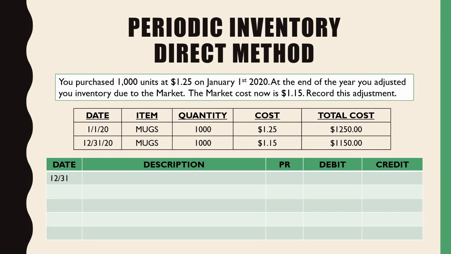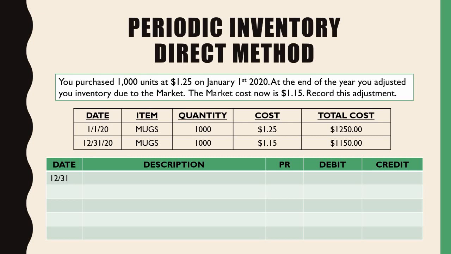So in this case, here's an example of us buying inventory, right? Let's say as of January 1st, we bought mugs. We bought 1,000 of them, and they cost me $1.25 each, so therefore a total cost of $12.50, okay? However, let's say a year later, no sales had happened, and it's now December 31st, and I realized that, guess what?